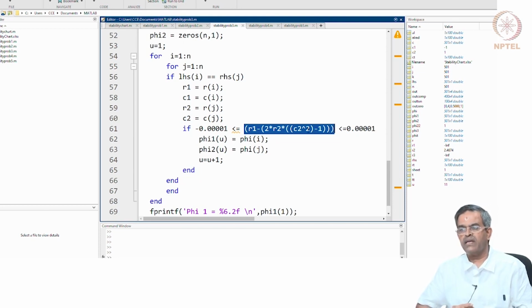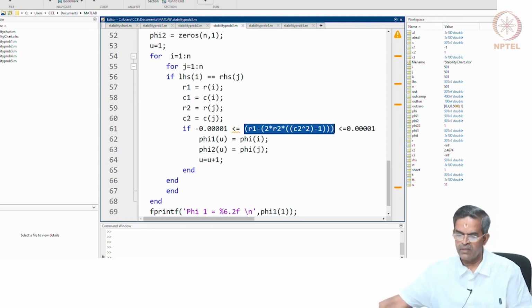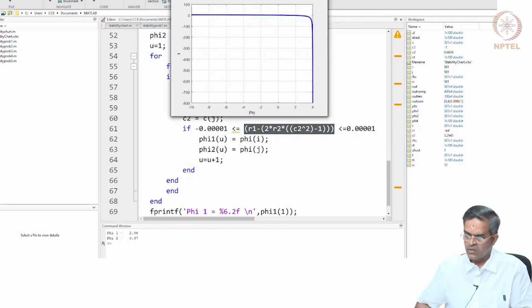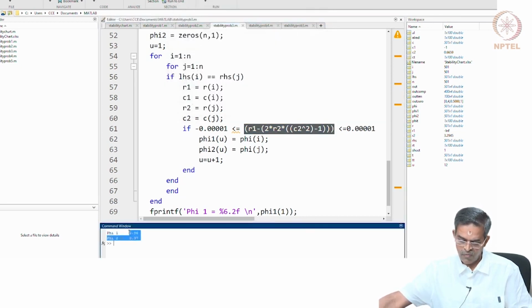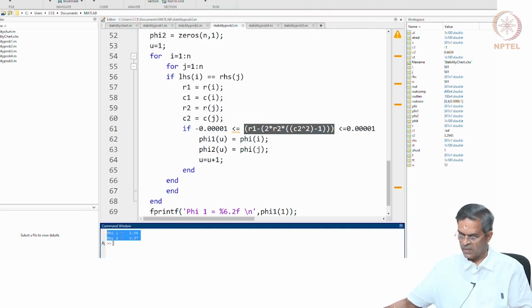If you simply say exactly 0, we may not be able to pick up the correct values of R1, R2, C2 and C1 from the chart. So, let us closely pick up this and run this program. So, I get these charts. We already have these charts with us, right? So, we know these charts of R, I and T. So, the answers are phi 1 is 2.96 and phi 2 is 0.37. So, I will go back here.